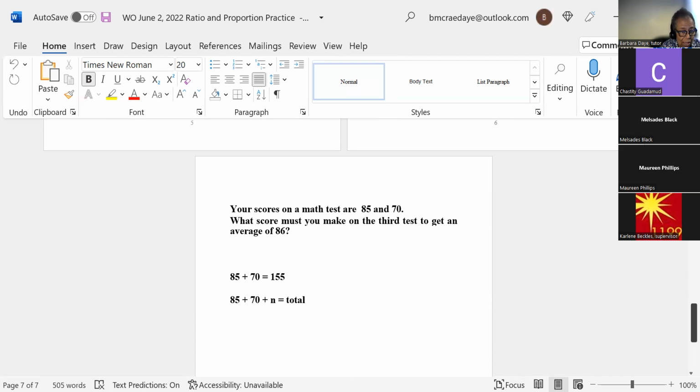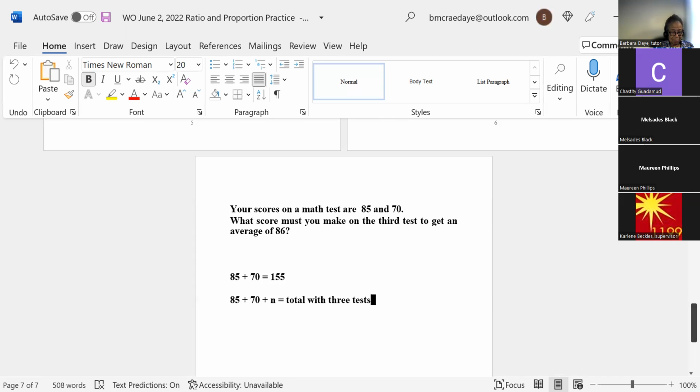Now, since you know the average, Mercedes, how can you find the total with 3 tests? You can find that because you know the average. Average is the same as the mean.